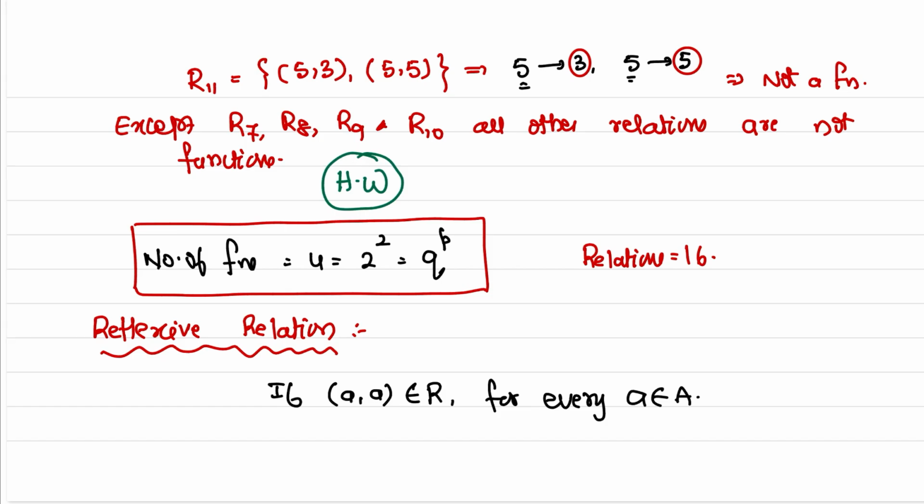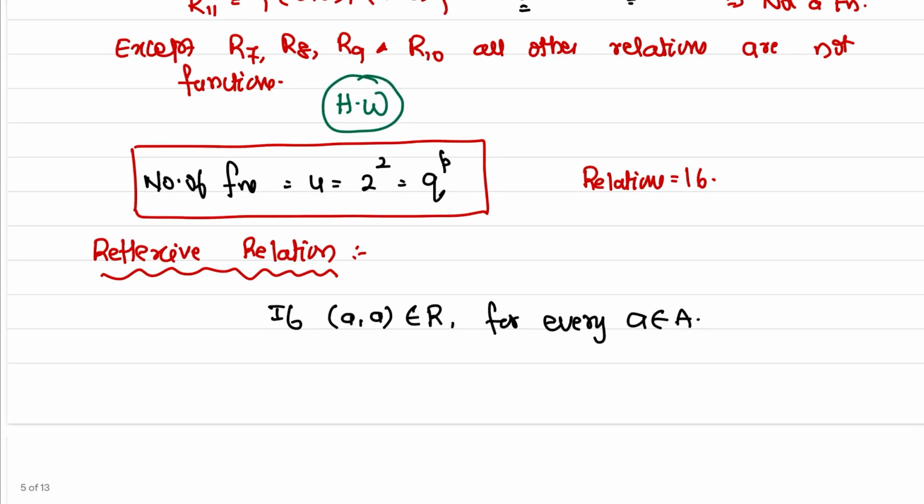Why is something reflexive and why is something not reflexive? What is A here? Just try to understand first. A is equal to the set {3, 5}.